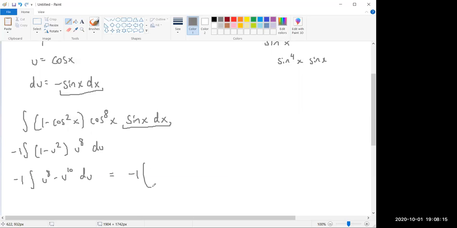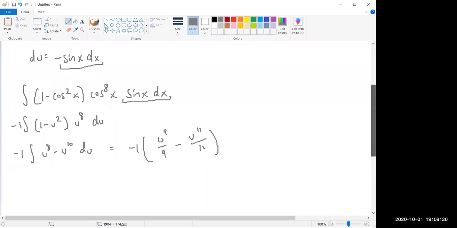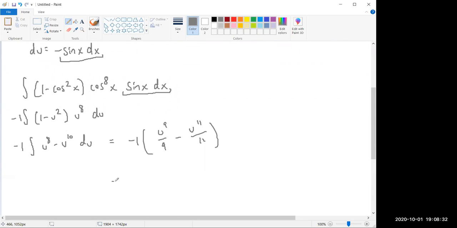If I integrate, I will get u to the 9th over 9 minus u to the 11th over 11. Right. Let's put the cosine back in. So -1 times cosine to the 9th of x over 9 minus cosine to the 11th of x over 11, plus c.